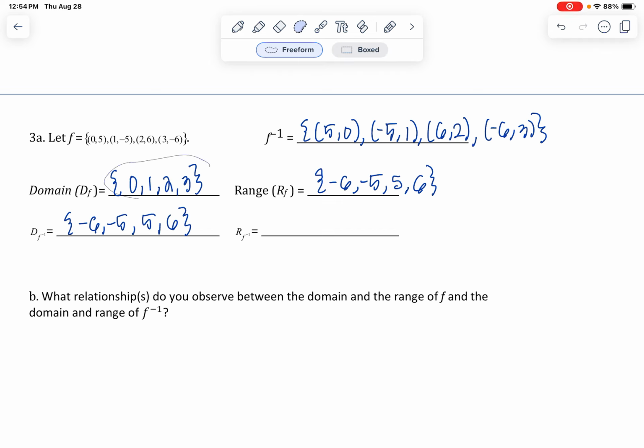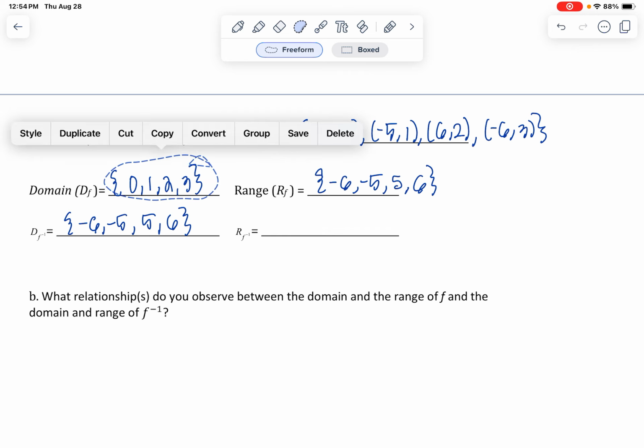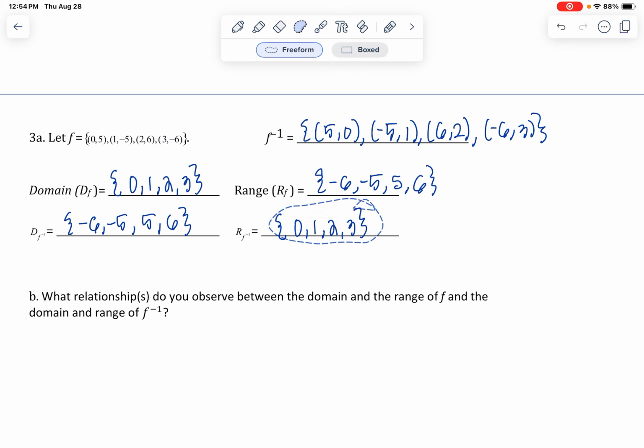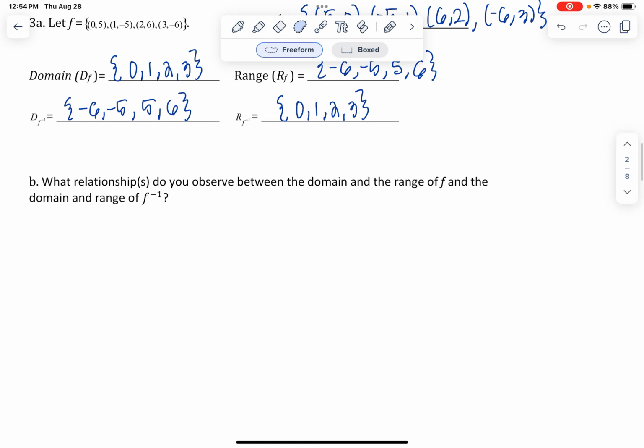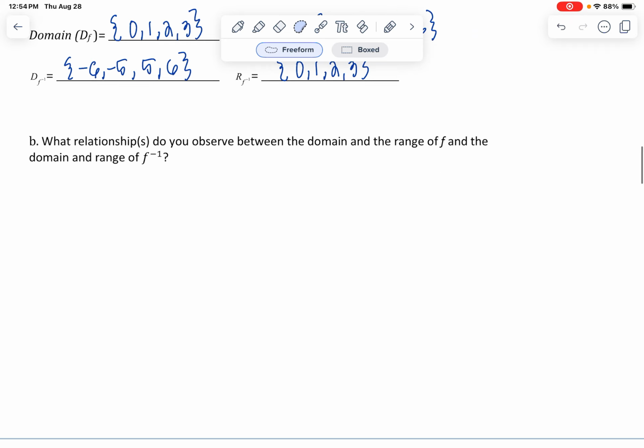And the range of f inverse is this. Okay, so if you look, the x and the y values switch for this. This should not be anything crazy here. It's by definition, right? What relationships do you observe between the domain and the range of f and f inverse? That's what we just said, right? The domain for f is the range for f inverse, and the range for f is the domain for f inverse.